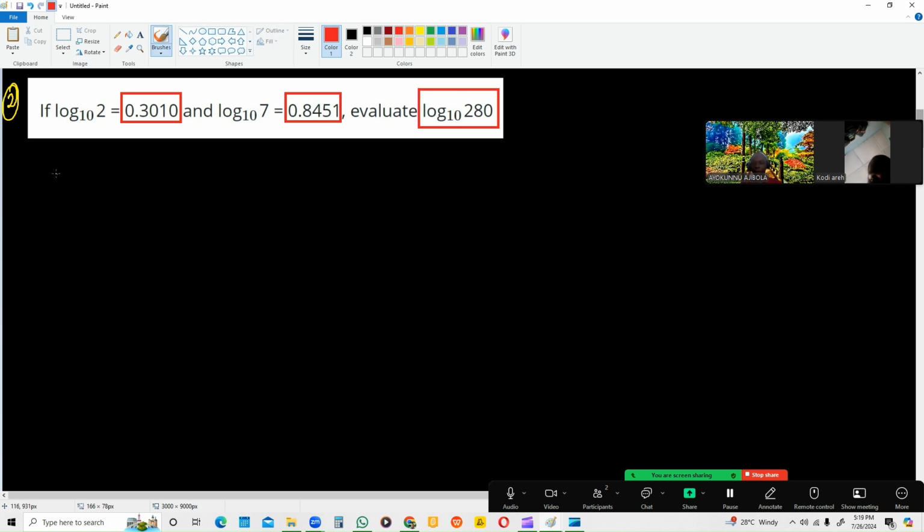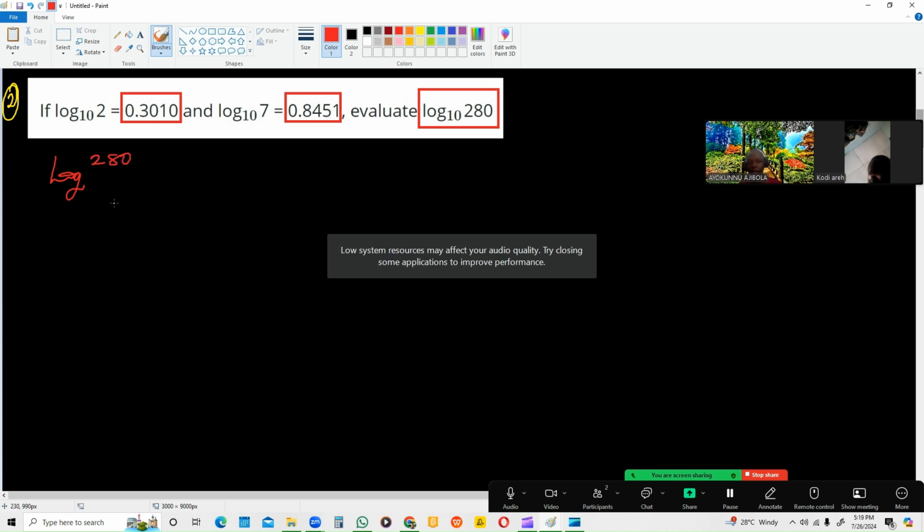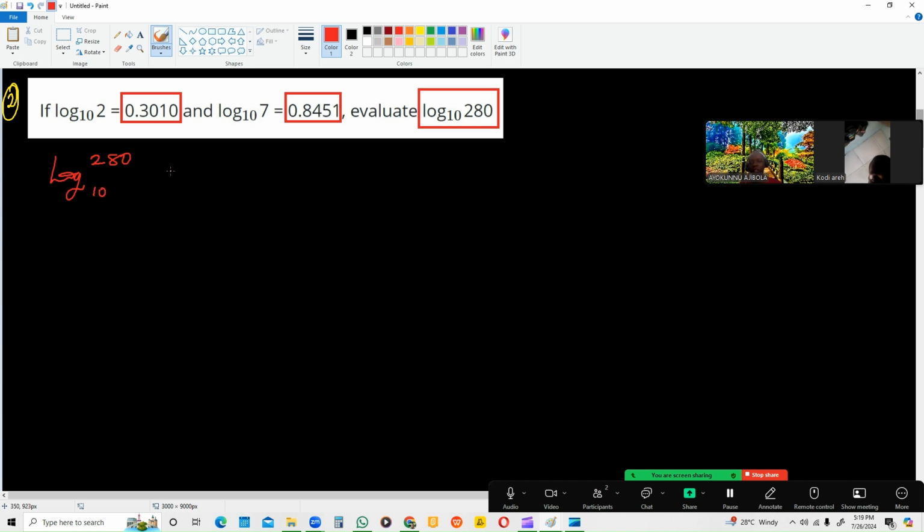So what we can do is that since we have log of 280 base 10, we can split 280 into something that has 2 and 7. Is that clear? Now, I can say 280 will be 28 times 10, still in base 10.